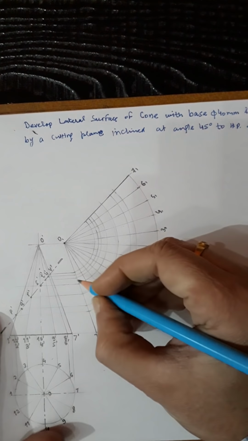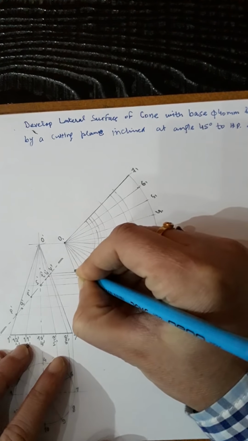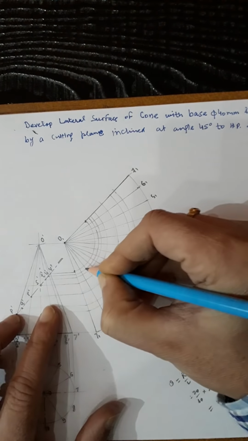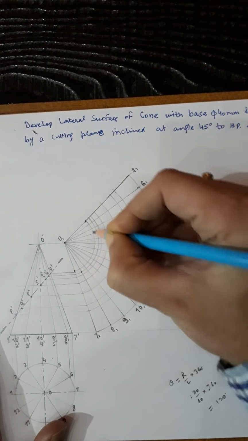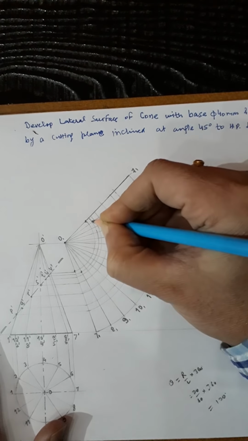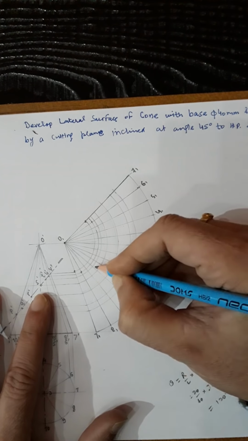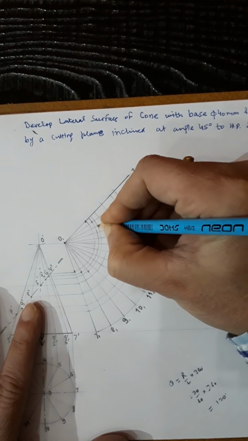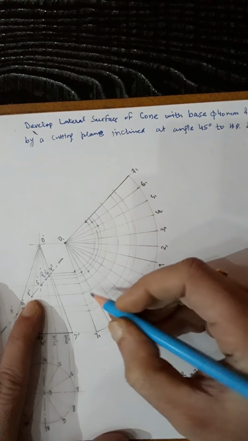Now here you need to find out the points. V is lying on 7, so it will be on 7 on both sides. U lies on 6 and 8, so it is on 8 here and 6 on the other side. Similarly T lies on 9 and 5, 9 on this side and 5 on the other side, and then S is lying on 4 and 10.